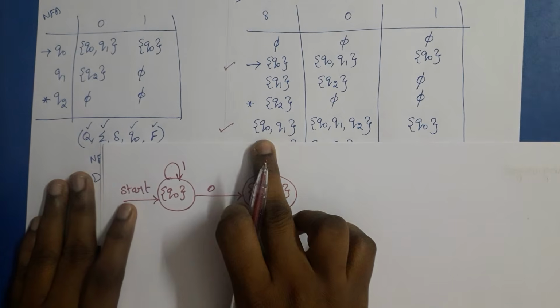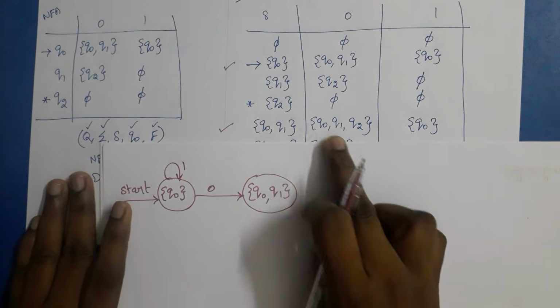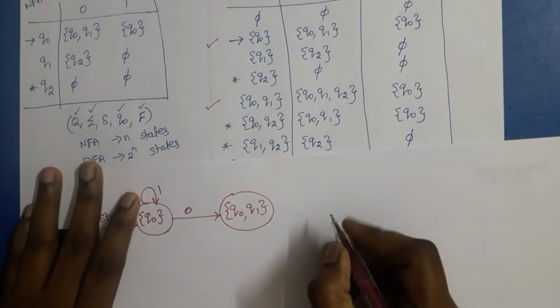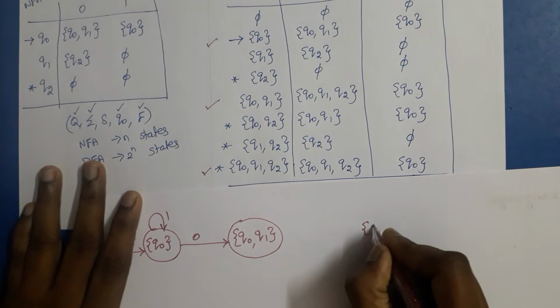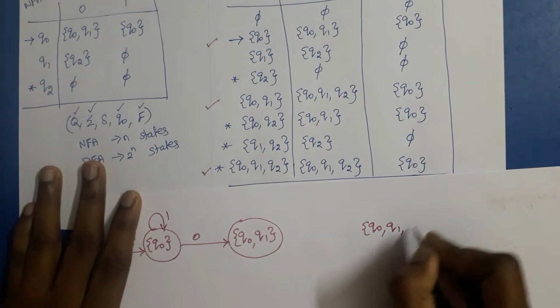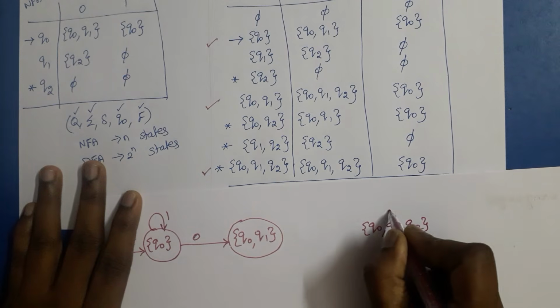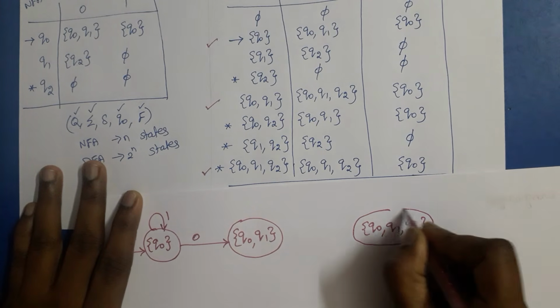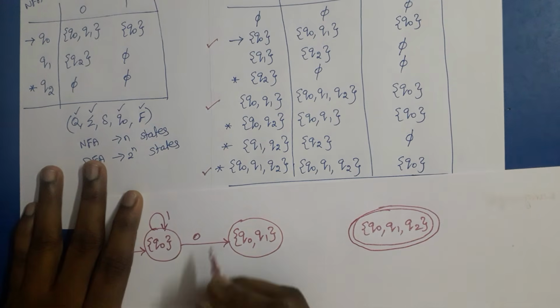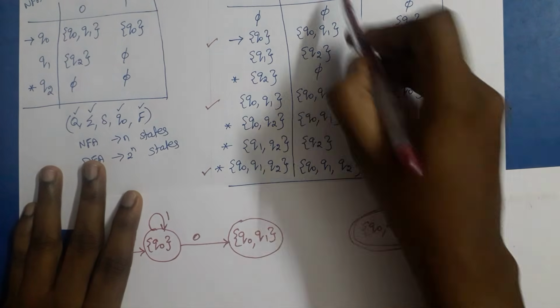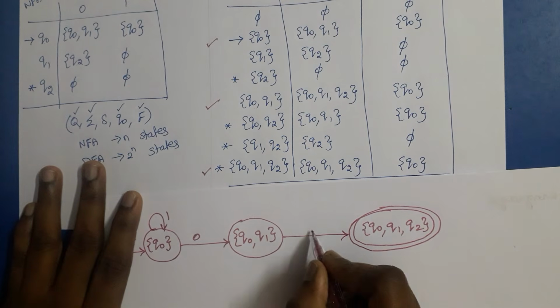Then from Q0, Q1, 0 goes to Q0, Q1, Q2. Q0, Q1, Q2 is a new state, and this is also a final state. So from Q0, Q1, 0 goes to Q0, Q1, Q2.